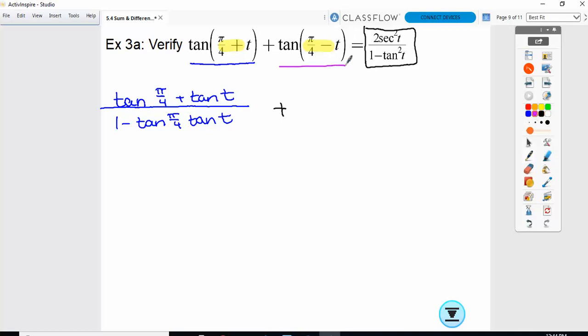Then this one, we would have to do the tangent of A minus B. So tangent of A minus tangent of B over 1 plus tangent of A tangent of B. Tangent of pi over 4, that's like tangent of 45 degrees.